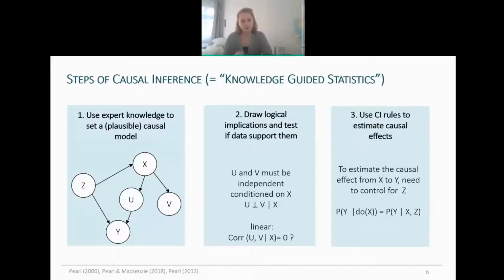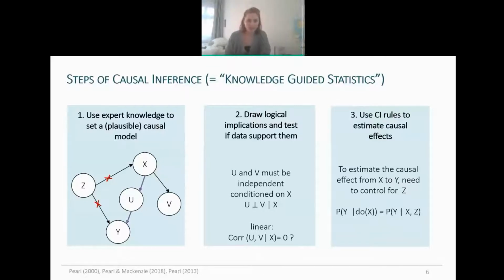And then the important step is that we can use these causal inference rules to estimate causal effects. And again, keeping this example of the network on the left, if we're interested in estimating the causal effect from X to Y, we can see that there's just one pathway, which is via U. But we can also see there is a common driver Z, a common driver of both X and Y. So we have to account for this effect.